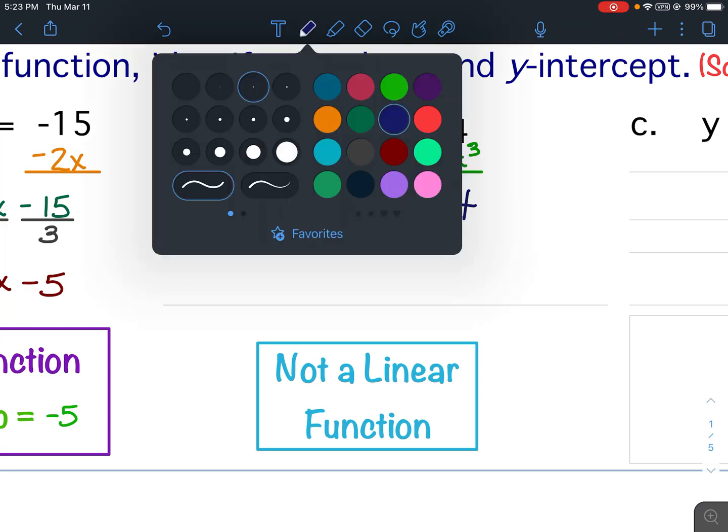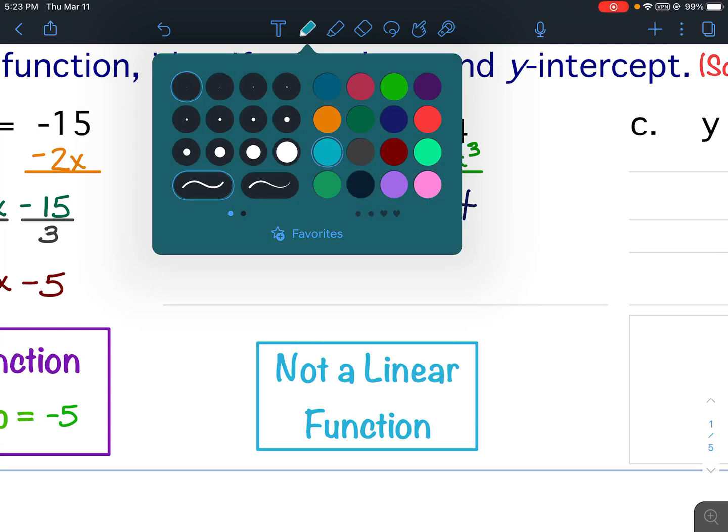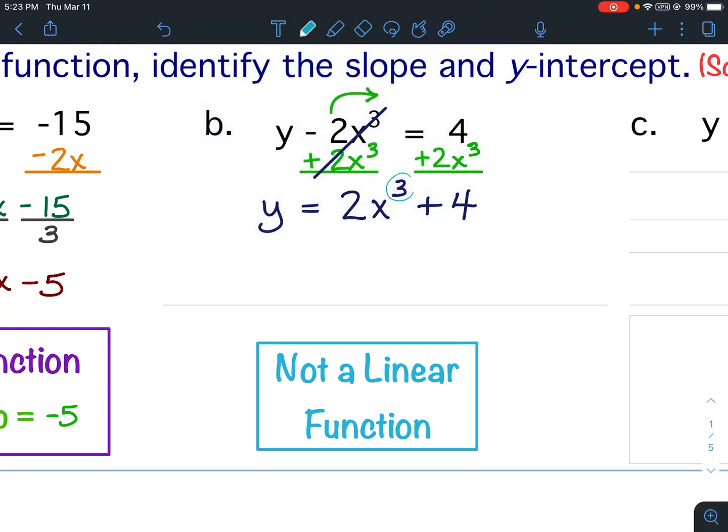Go ahead and circle that negative 3. I'm going to draw an arrow up to it.